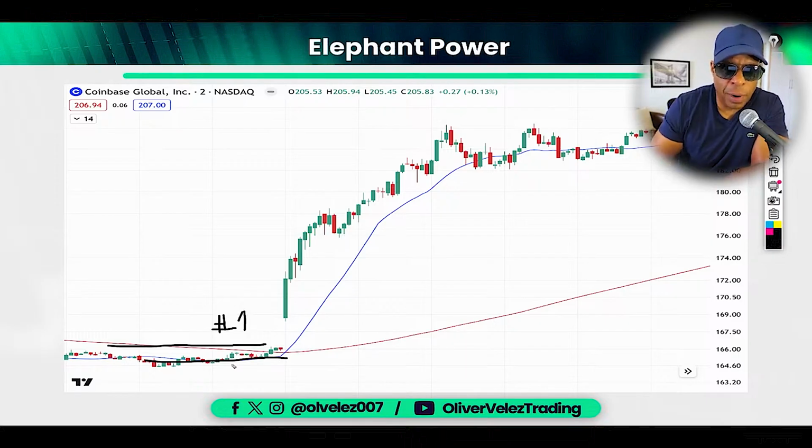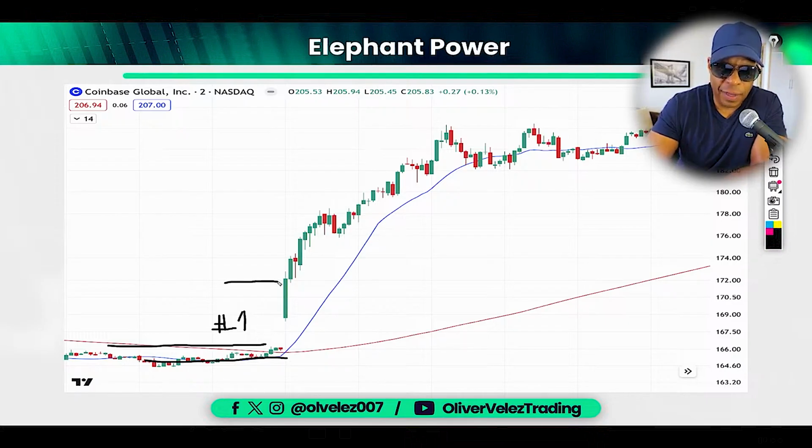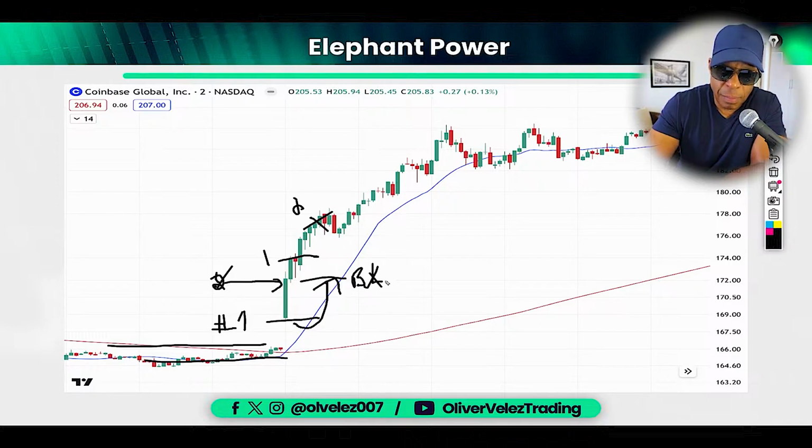Do I get a power elephant bar, a power tail bar, or a power color change? In this case, I get a power elephant. Boom. Enter on anticipation, not above, but in if I can. Stop. Color change add. Profit take on 2. Move the original stop to break even on the rest. Break even. Let the rest ride.